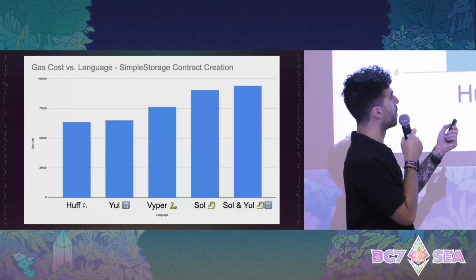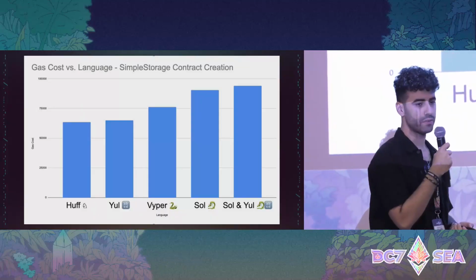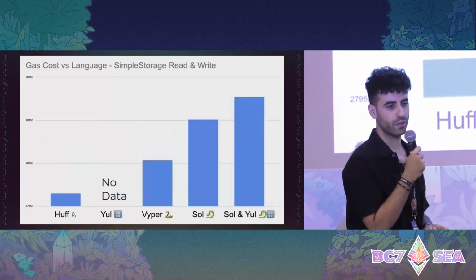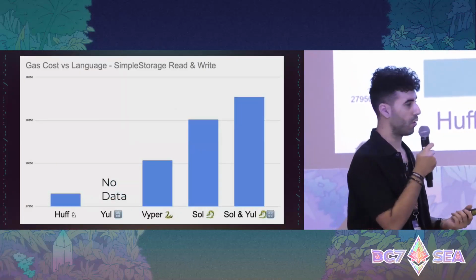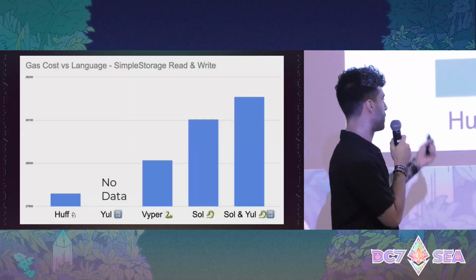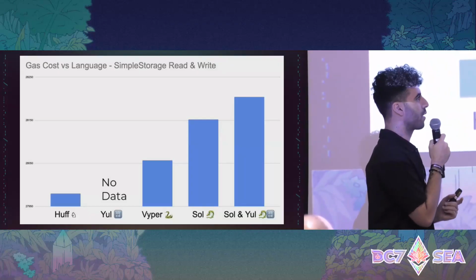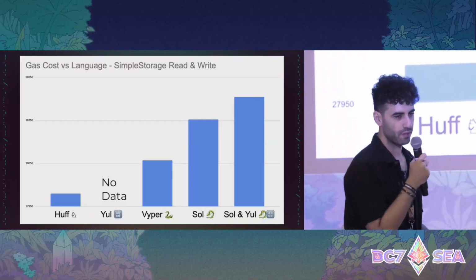Here we are comparing the cost to create a contract, to deploy a contract. And here we're comparing the cost of read and write operations, using Huff, Vyper, Solidity, etc. So it's not exact, but it can give you a rough idea of how we can optimize the code.